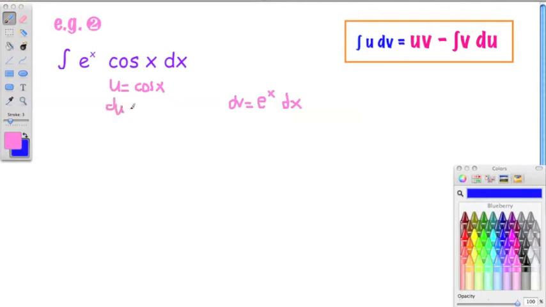And then we will find du and v. To find du, we simply differentiate cos x into negative sin x. And to find v, we integrate and we will get e to the power of x. Then we will put it into the formula.